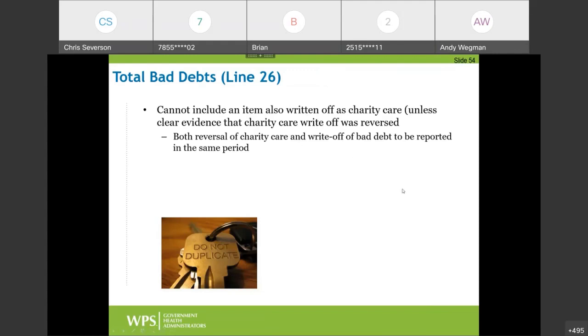So, we handle it one way in year 1. Let's say it was a bad debt. In year 2, it's going to be a negative bad debt and a positive charity. You're reversing it into charity. It'll offset itself in the end, but we want to record it in the period of write-off and the period that it's reversed or adjusted.